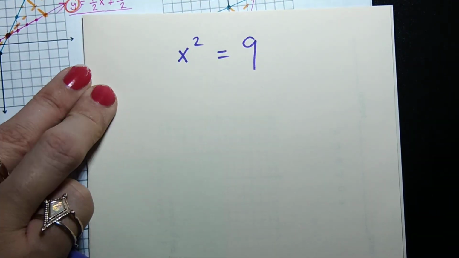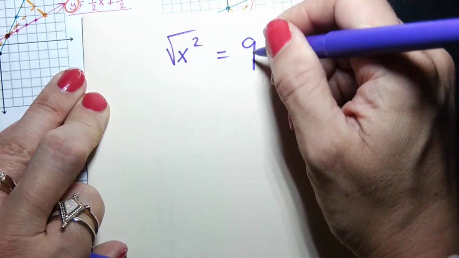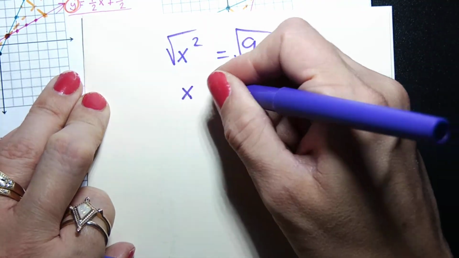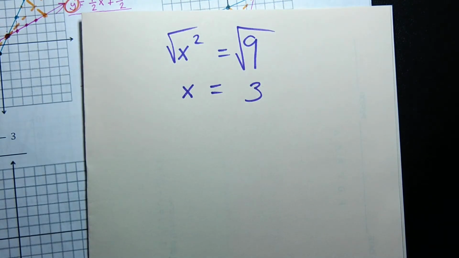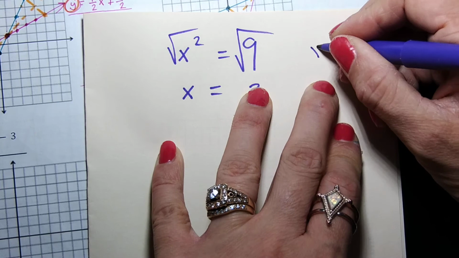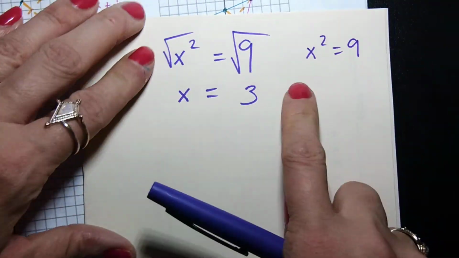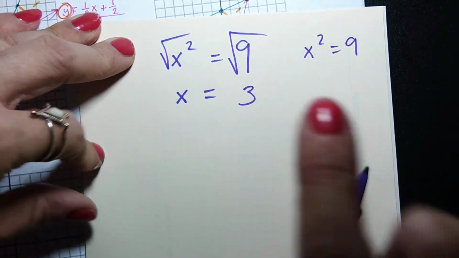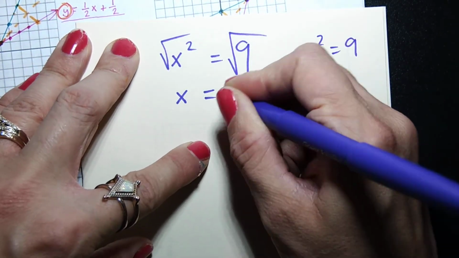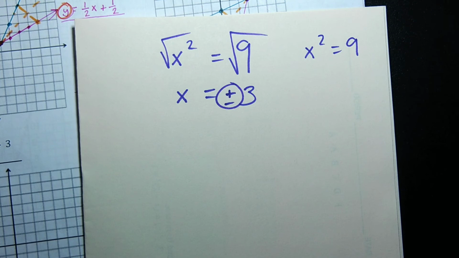If I want to solve for what x is, square root, and x is equal to 3. But what else squared could give me 9? A negative 3. Because there are two solutions to this, because positive 3 squared gives me 9 and negative 3 squared gives me 9, I always have to include a plus or minus.